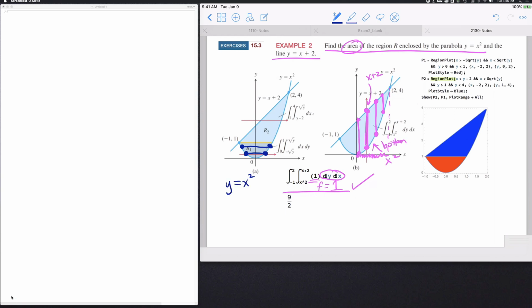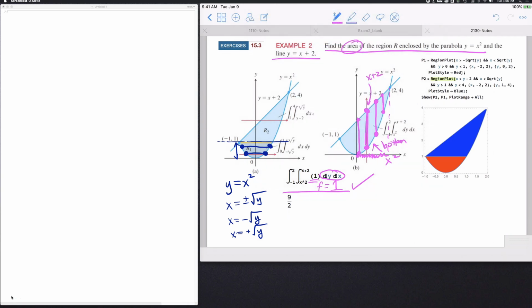But y equals x squared is the same thing as saying that x is equal to plus or minus the square root of y. So there is the parabola on the left, and then there is the parabola on the right. You would have seen that for values of y between 0 and 1, you can go from the parabola on the left to the parabola on the right.